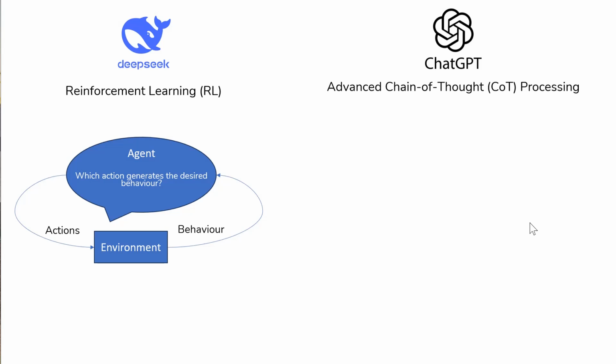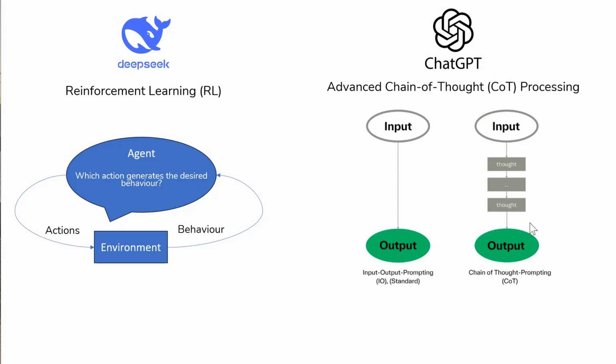Chain of thought prompting works similarly with large language models to guide the AI through reasoning steps before arriving at the final answer. In chain of thought prompting, you provide the LLM with prompts that break down the problem into smaller logical chunks, as you can see in the diagram on the screen.